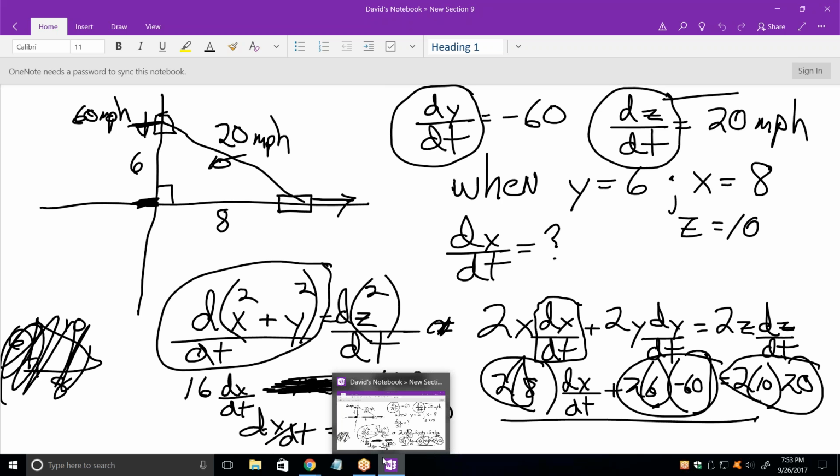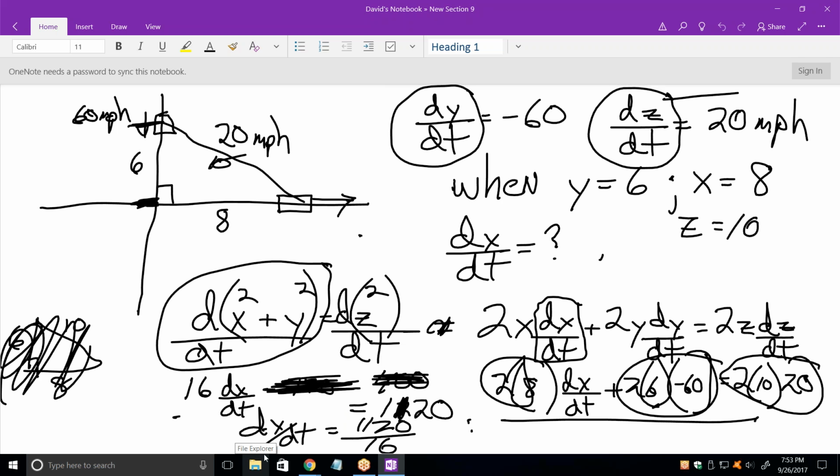I have a calculator here. Let me do that real quick. 1120 divided by 16. I'm curious, is the robber car going 70 miles an hour? Okay. So the answer to the question is dx/dt is equal to 70 miles per hour, and it's positive.